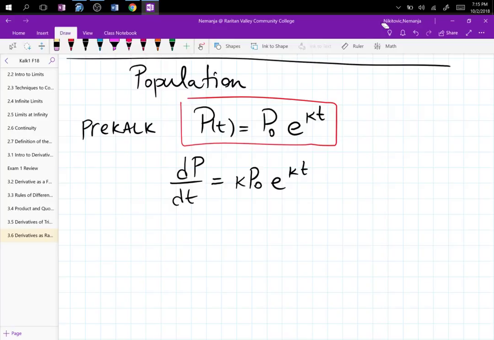Okay. So, let's go. We have 2018 for the population of 7.5 billion. Let's go some decades before. Population in what year?